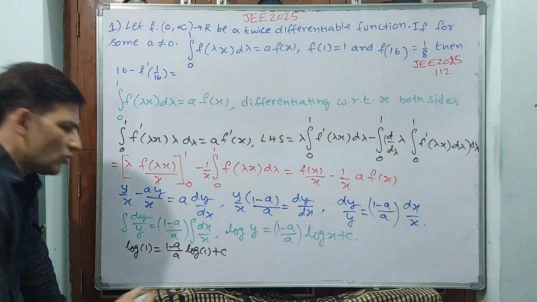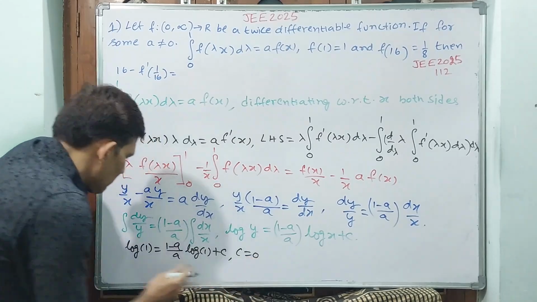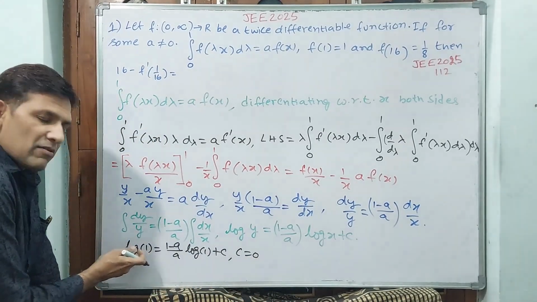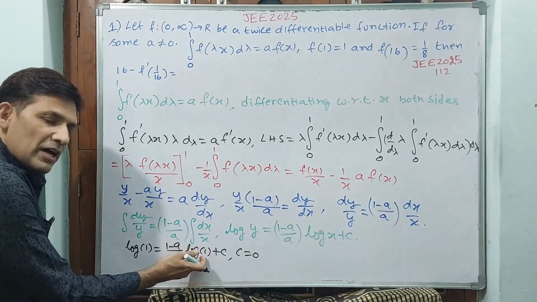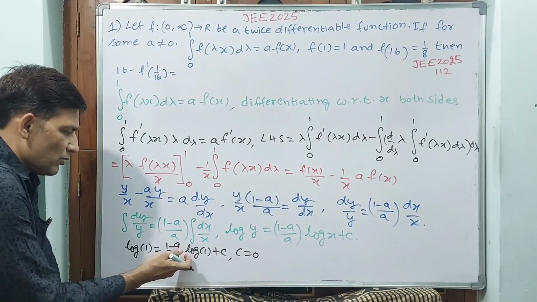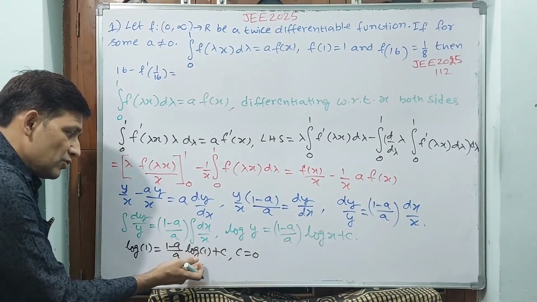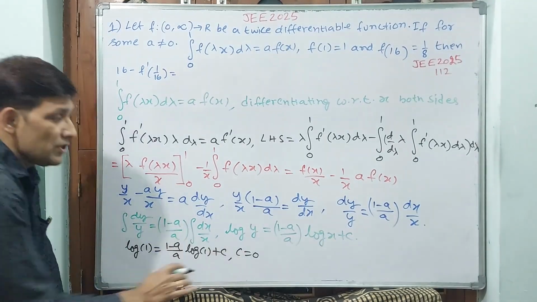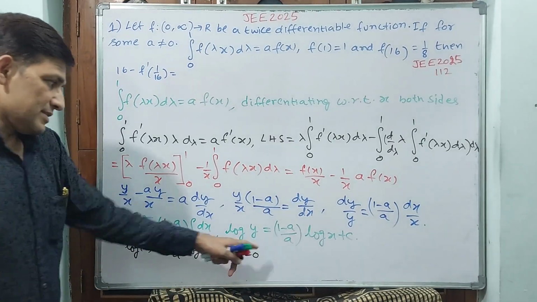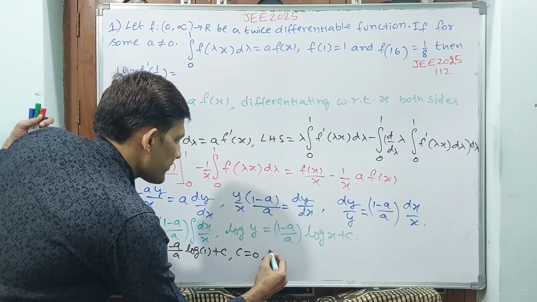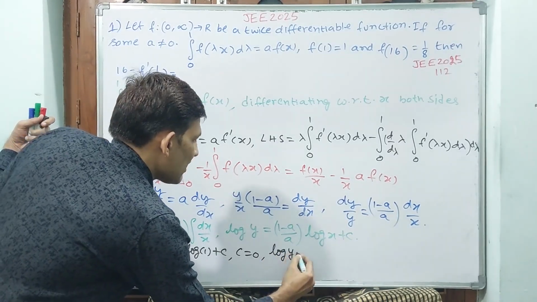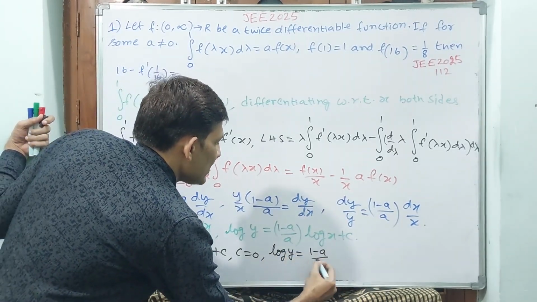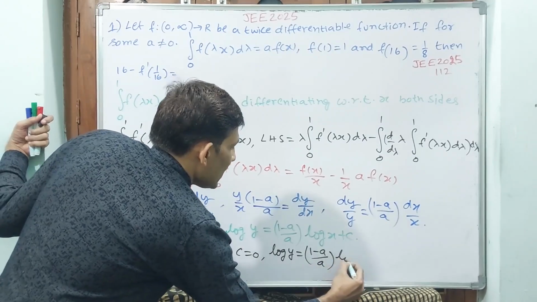Now we can say c is equal to 0. Why? Because log 1 is 0 here, and log 1 is 0 here also. 0 into something is 0. That means c is equal to 0 minus 0, 0. c is equal to 0. c is equal to 0 means I am rewriting this once again: log y is equal to 1 minus a by a log x.